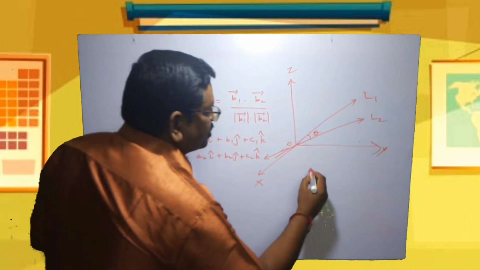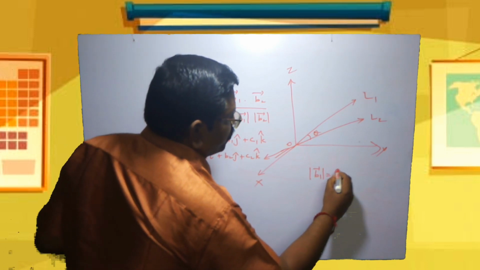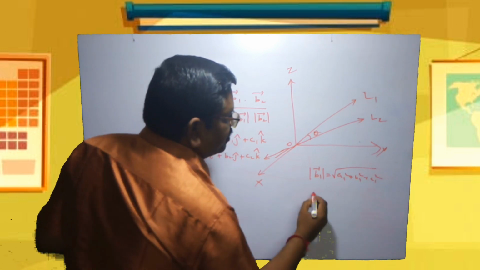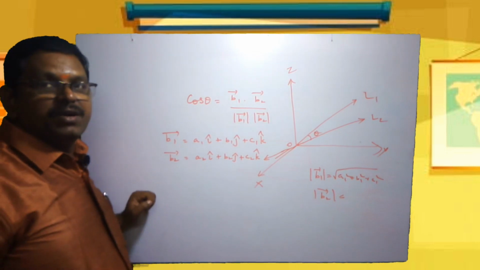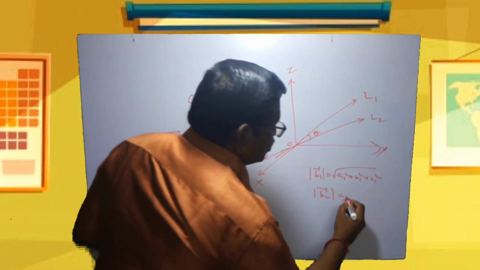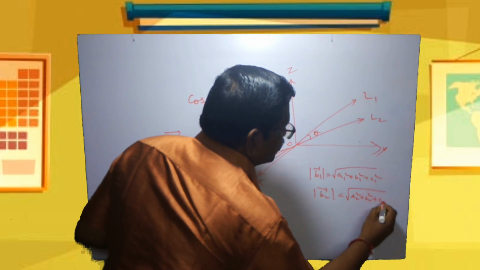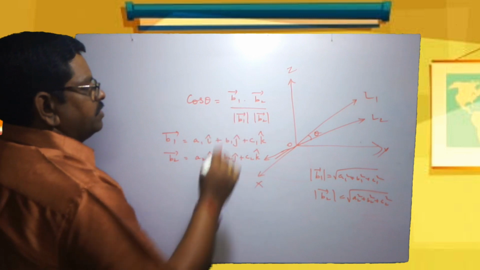When we find its modulus, modulus of b1 vector is equal to square root of a1 square plus b1 square plus c1 square, and similarly modulus of b2 vector is square root of a2 square plus b2 square plus c2 square.